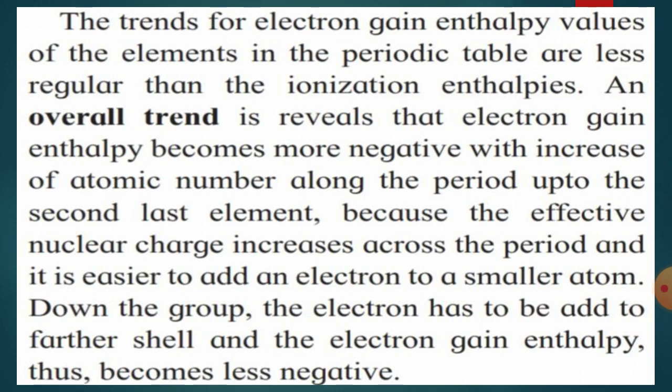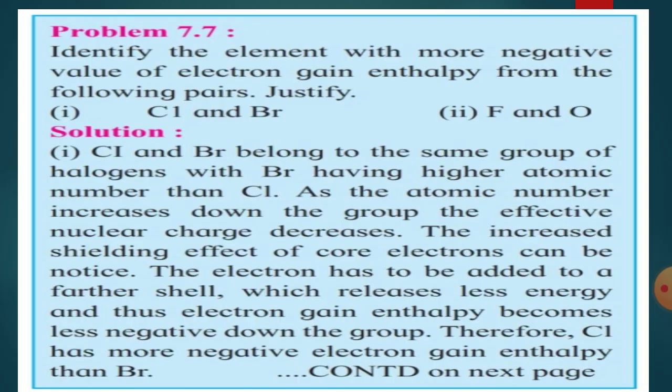Down the group, the electron has to be added to a further shell, the number of shells increases, and the electron gain enthalpy becomes less negative.